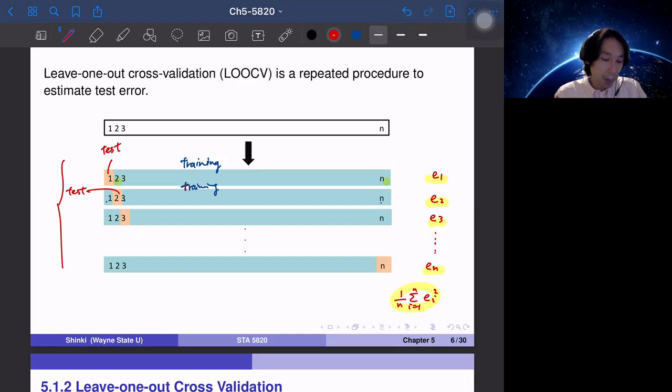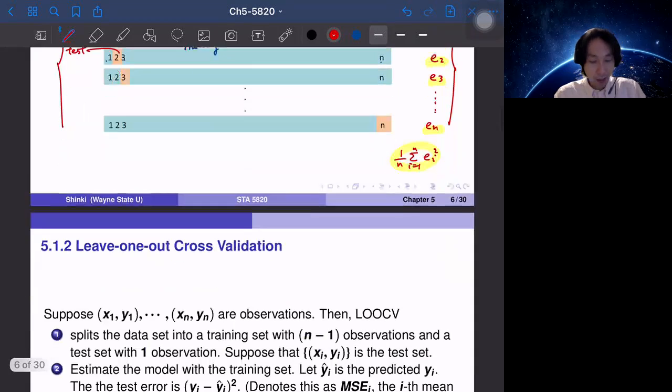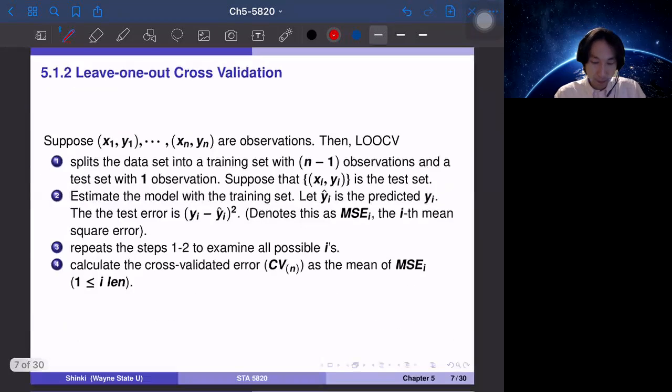And also, each observation is used once as the test observation in a test data set. So we don't have any variability about the selection of the test set. So it's very good, but it takes time. That is the problem.